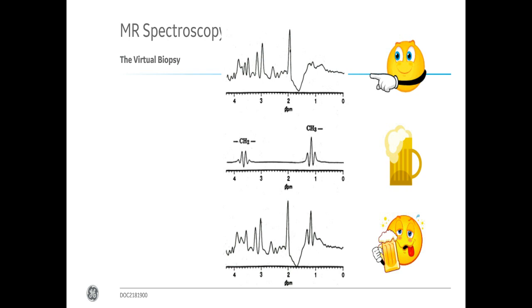So now we look into the bottle: we put the bottle of wine into the scanner and also do a spectrum of it. And then we get a typical spectrum of alcohol. Here, this is mainly ethanol, a triplet at 1.3 ppm and a quadruplet at 3.7 ppm. So this is a typical spectrum we get from alcohol if we put it into the scanner.